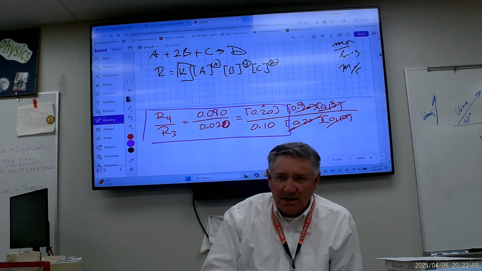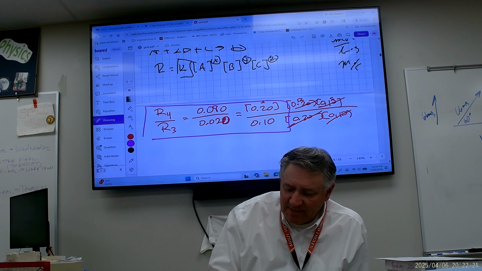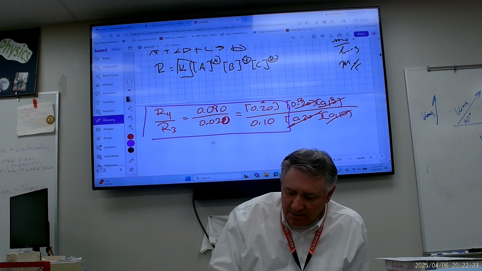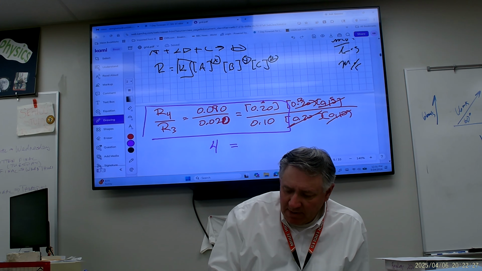I want to see which reactions you chose, and then the values of the rate and the values of the concentration. So, if you take 0.08 and divide that by 0.02, you get 4. And then you take 0.2 divided by 0.1, you get 2. So 2 raised to some power is going to equal 4.